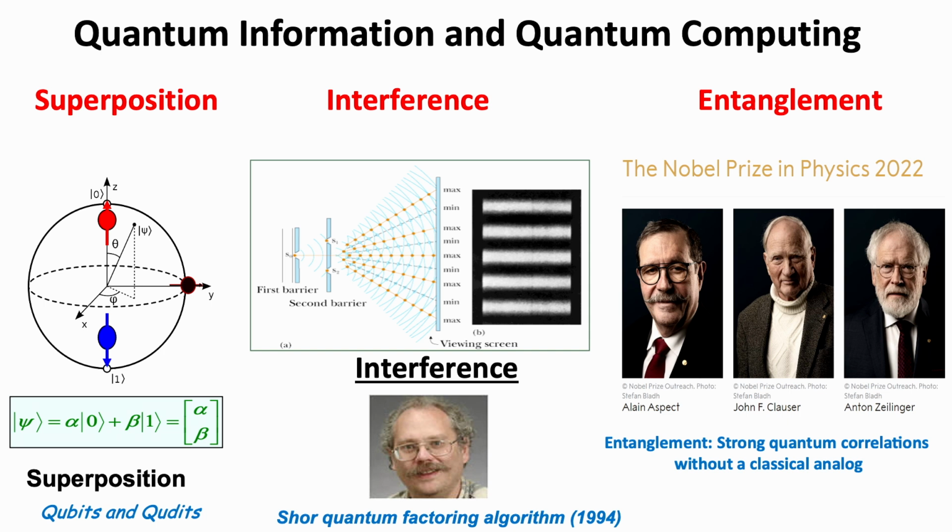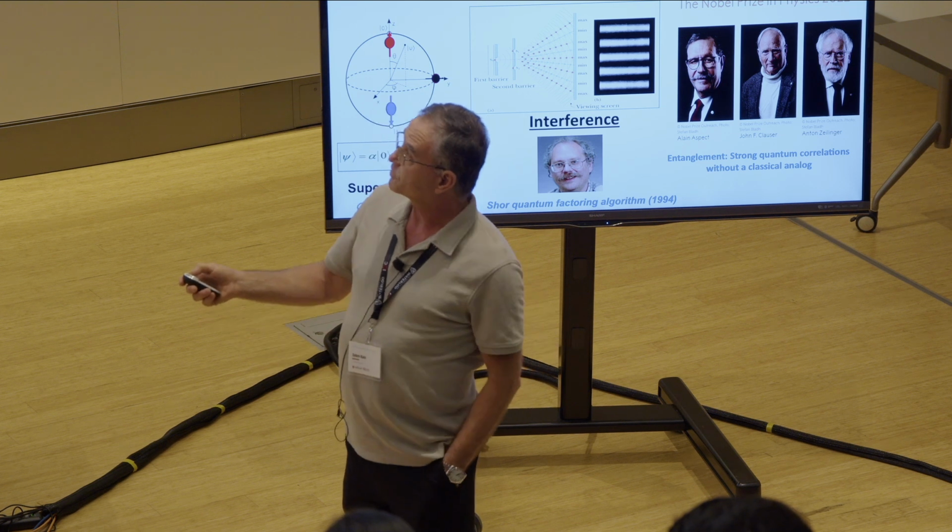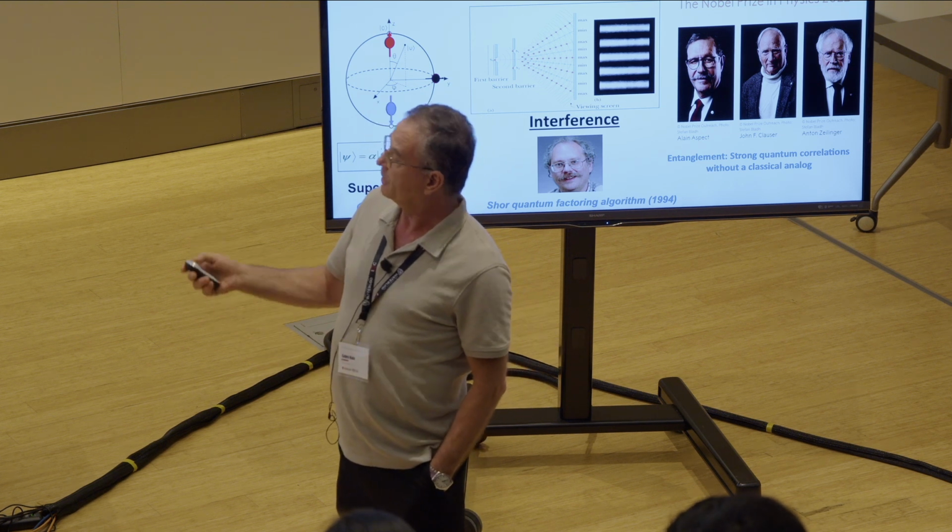So interference really is the heart of quantum algorithms. And entanglement is a strong quantum correlation without a classical analog. Just to give you the overall picture, we're trying to see how these effects can be included when you go from reactant to product. Can you control the outcome of a chemical reaction using superposition, interference, and entanglement?